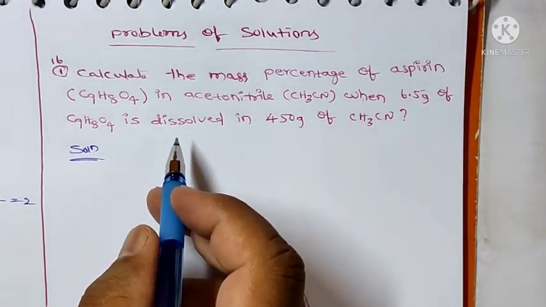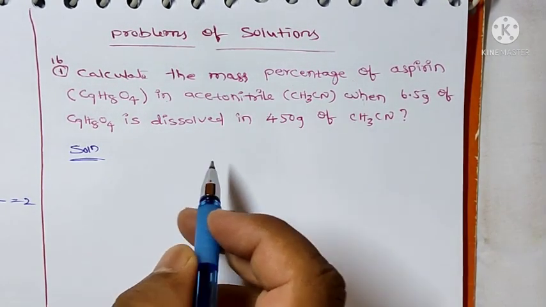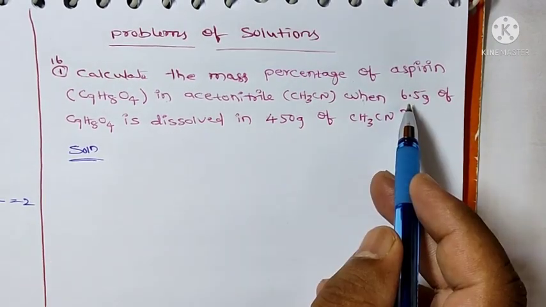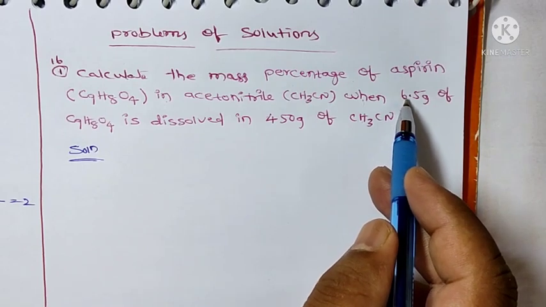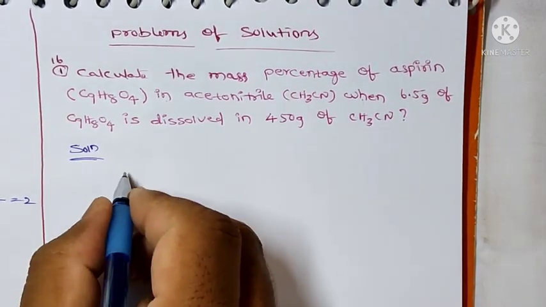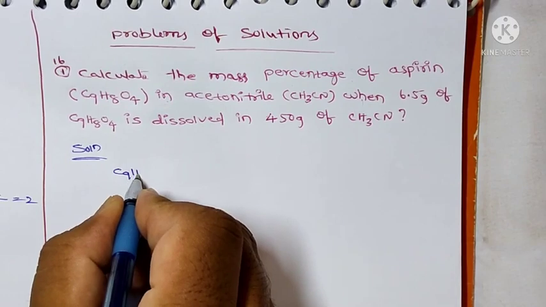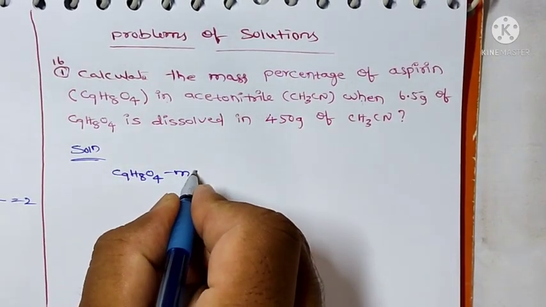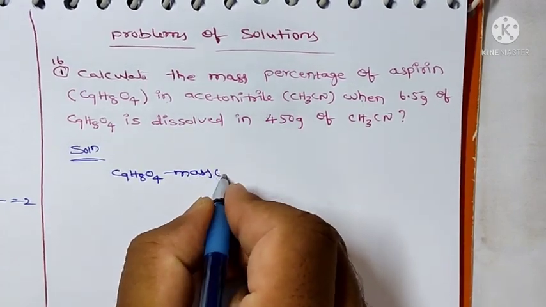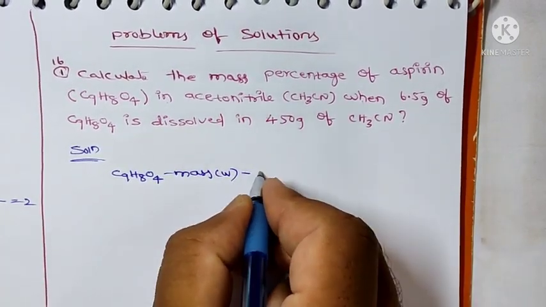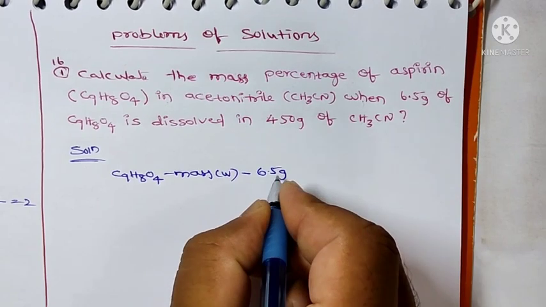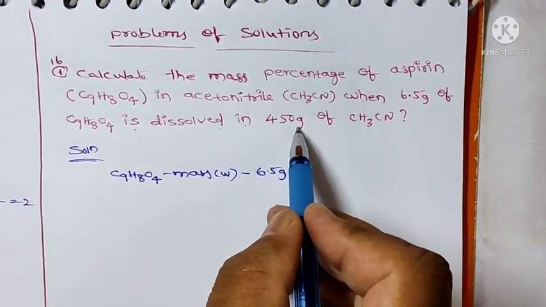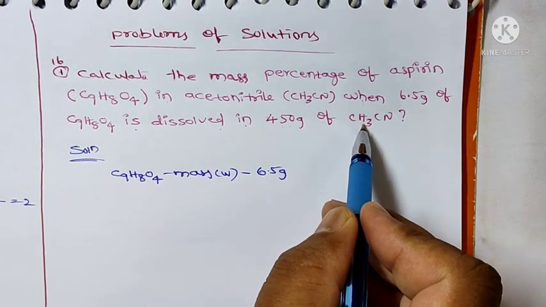In this problem, first of all, we have to separate out the values which are given. The aspirin, C9H8O4, weight is 6.5 grams, and it is dissolved in 450 grams of acetonitrile.